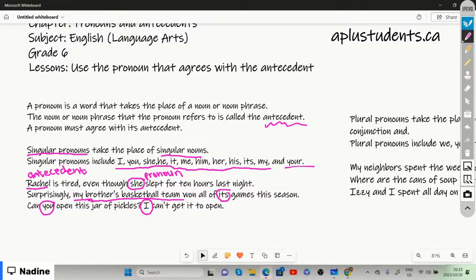Can you open it? So those are singular pronouns as well as the antecedents that we have identified.